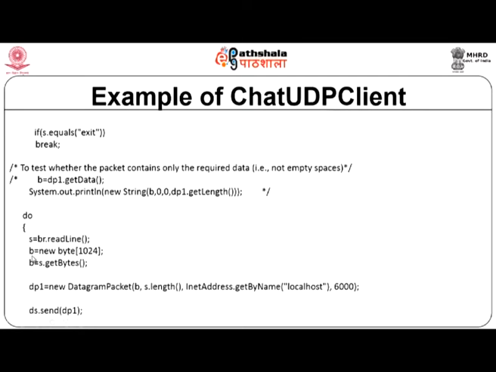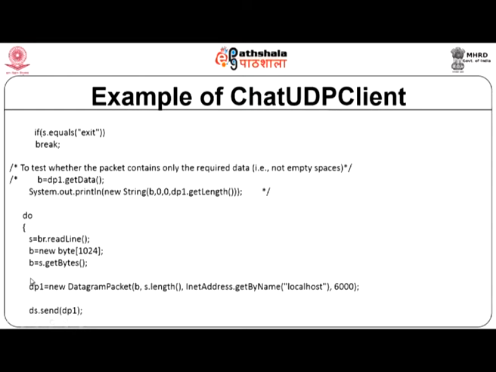So, we convert it to a byte array B. First we have created a byte array of size 1024, then use the string object S dot the method called getBytes. getBytes would actually convert the string to bytes. So, this string object is now getting converted to a byte array. getBytes would return a byte array.